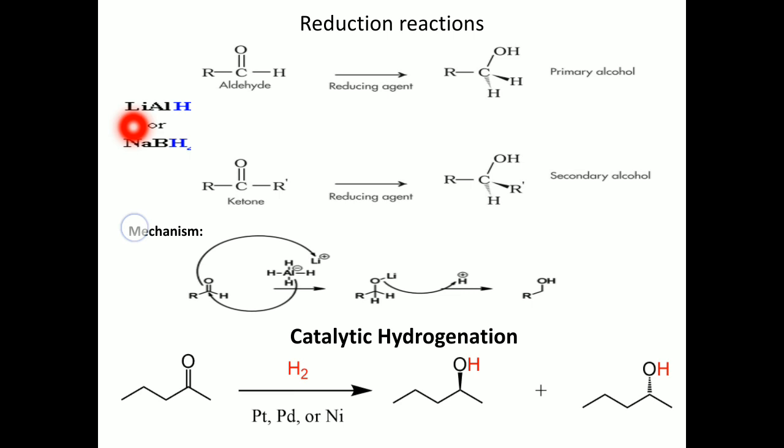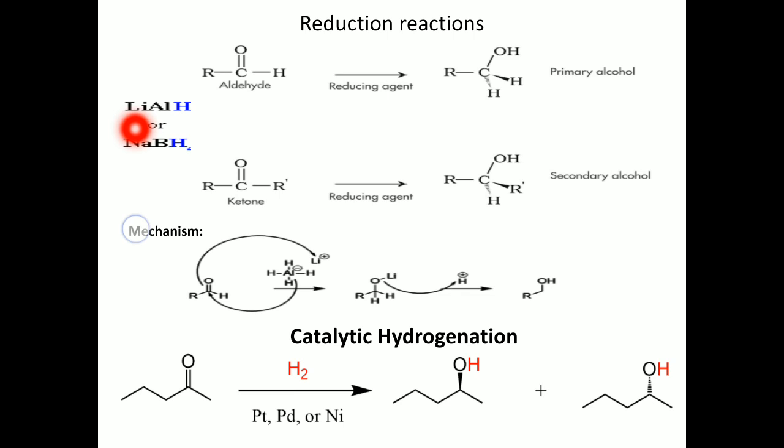Here actually what happens is, these platinum, palladium, nickel metals provide some active places on their surfaces. Over those surfaces, the aldehyde or ketone molecules and hydrogens form temporary bonds with the metal valencies.